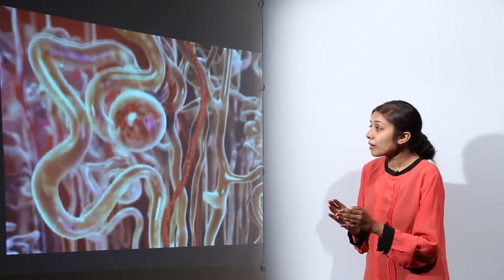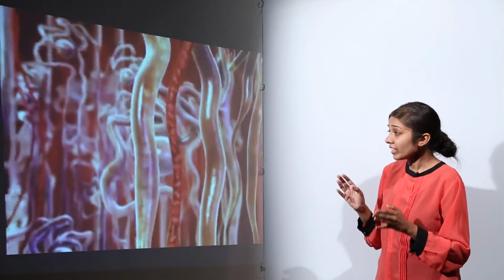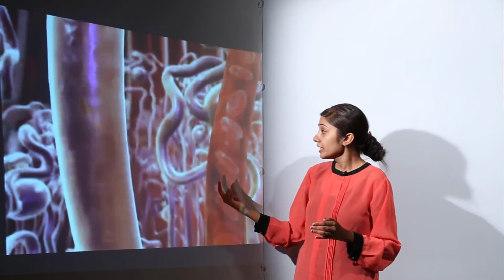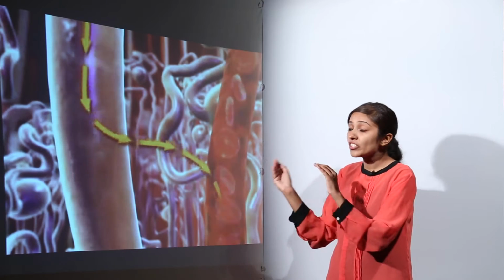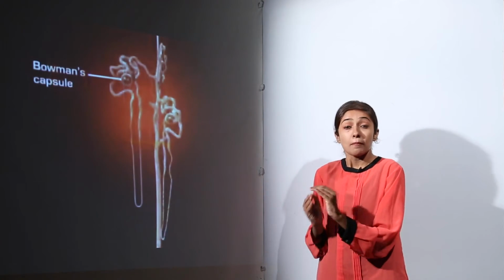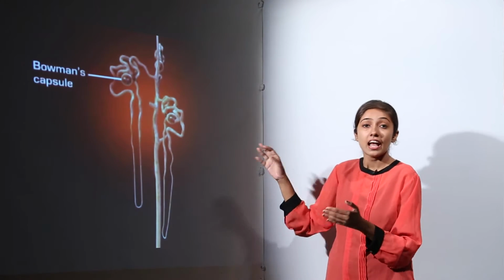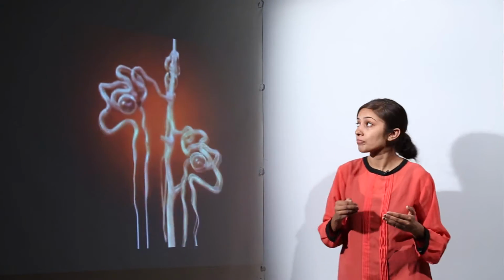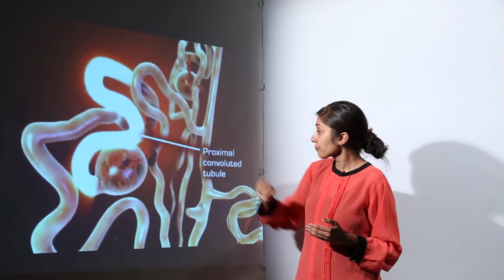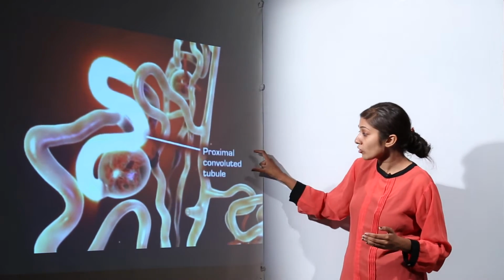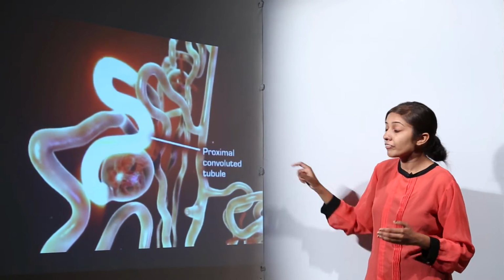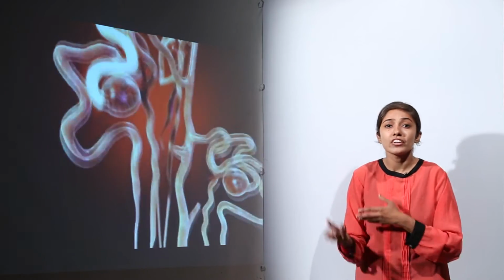If we talk about the tubular part, here we have this exchange that takes place: a reabsorption of the useful substances from the filtrate and then elimination of waste substances from the blood. In the tubular part, we have first of all the proximal convoluted tubule, where most of the useful substances are reabsorbed.